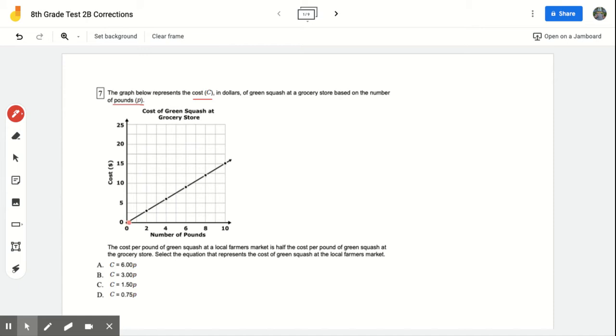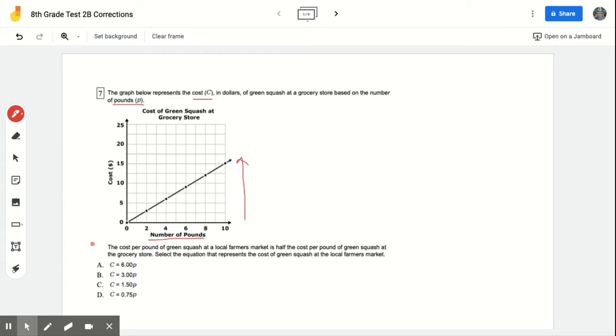If you look at this, the more pounds that you buy, the higher the cost is going to be. So the more you're going to spend. All right, so I just wanted to interpret what they're showing us. I always look to see what it is that they're giving me first and understand it the best to begin before I even look at the question.